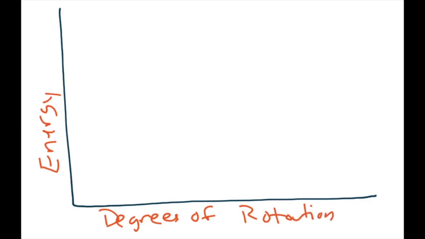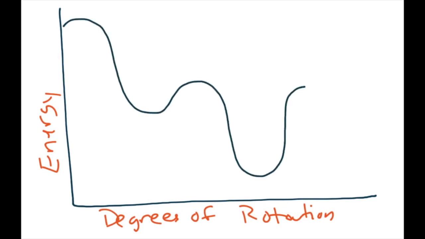Right, and it's going to look something like this. I'm going to do my best to fit all the pictures in here. That's pretty good. All right, so this lowest energy conformation, this is our anti-staggered conformation.